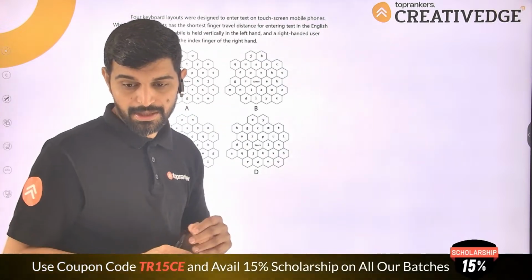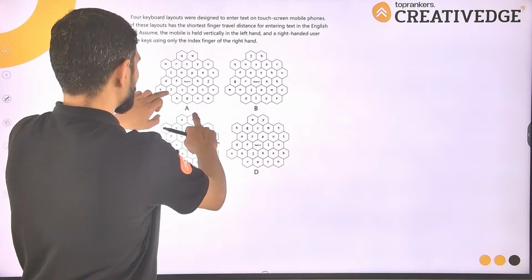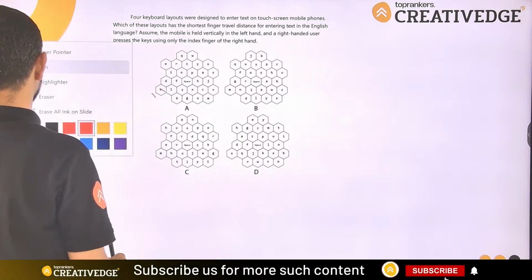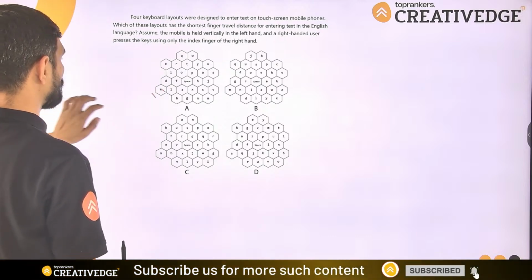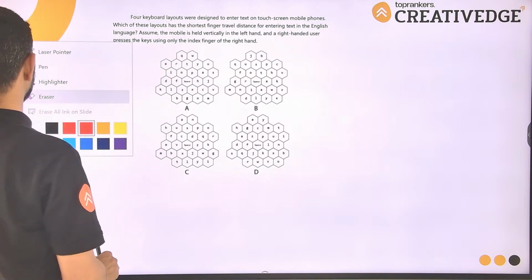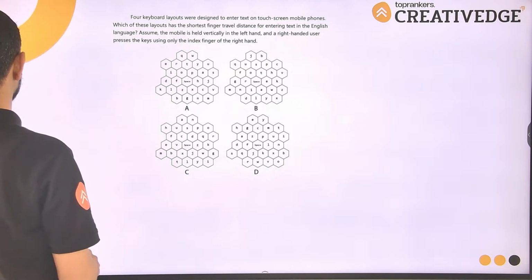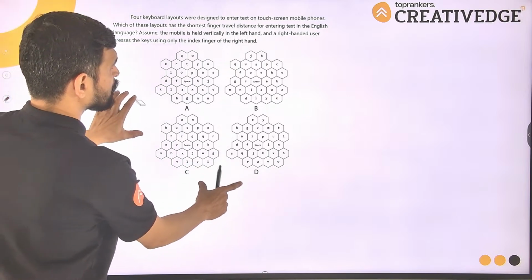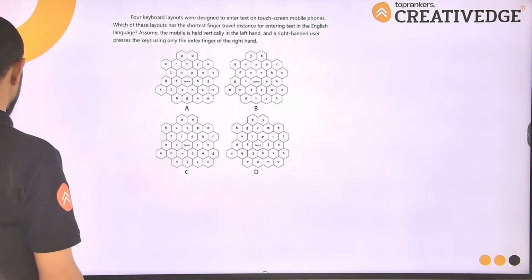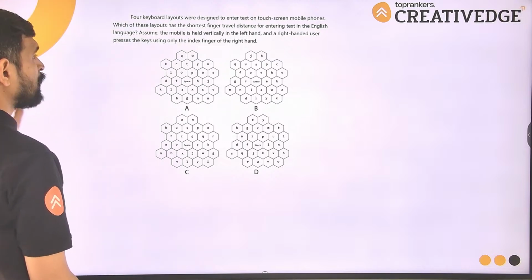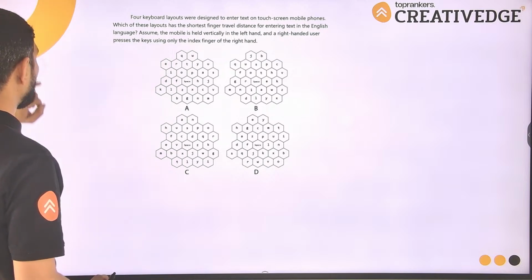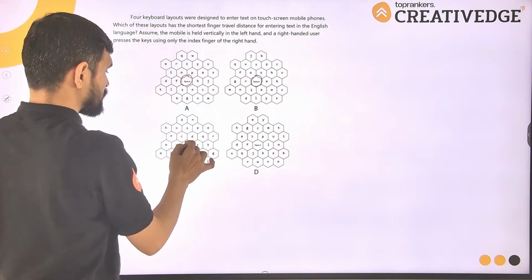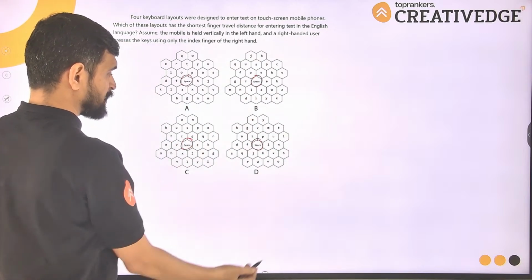ओनली बेस्ड ऑन दैट. ओके, आई नीड टू जूम इन. लेट मी स्लाइटली जूम इट इन. फाइन. यहां पर आपके पास स्पेस है, स्पेस इज एट द सेंटर and their alphabets are given.